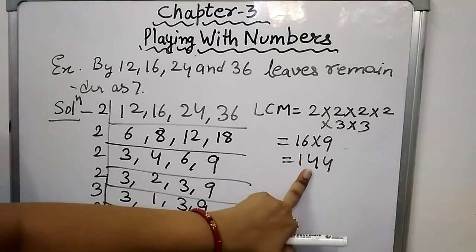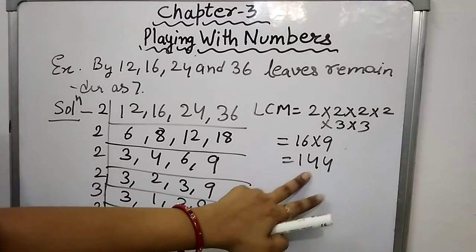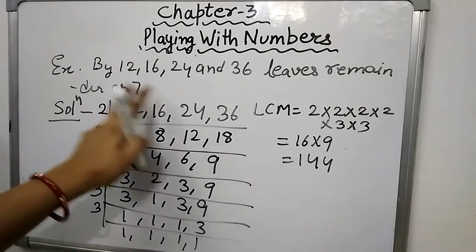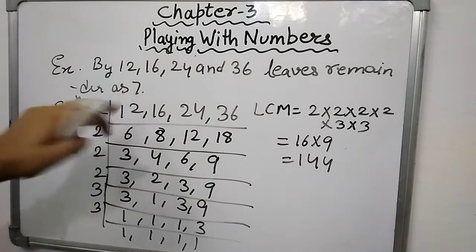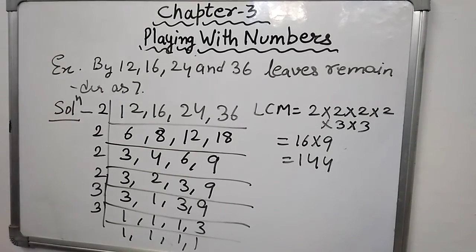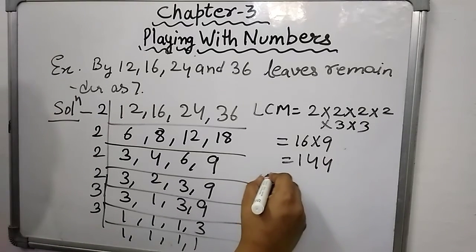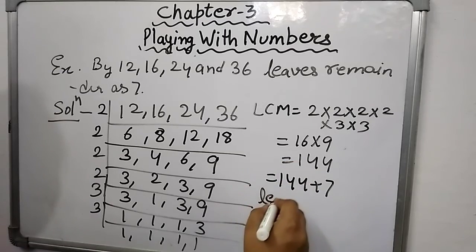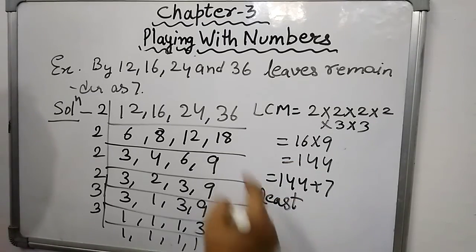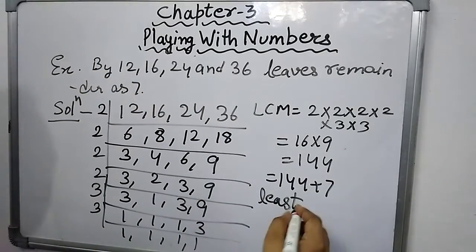But this is not the least number that gives remainder 7. This gives you remainder 0, but you need to find a number that gives remainder 7. That means you add this remainder to this number: 144 plus 7 will give the least number that leaves remainder 7 on dividing by these numbers.